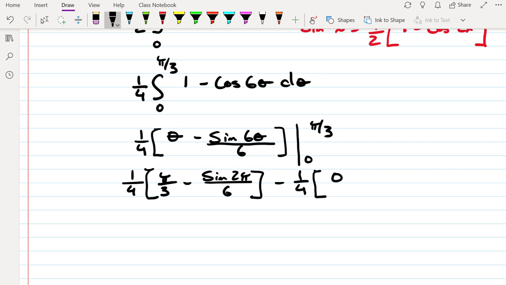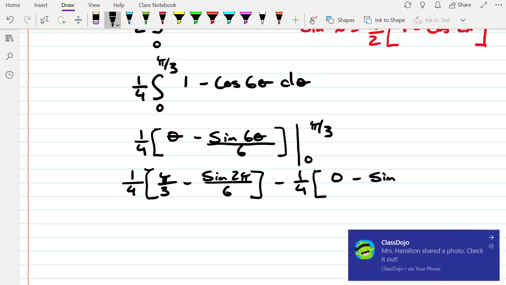So we plug in 0 minus the sine of 6 times 0 is 0 all over 6.